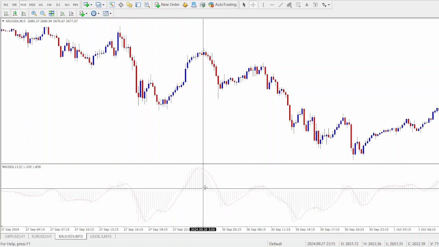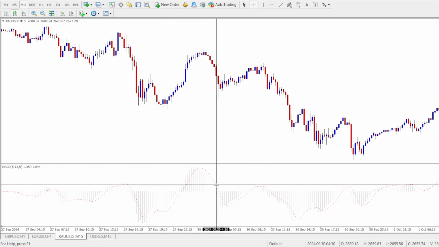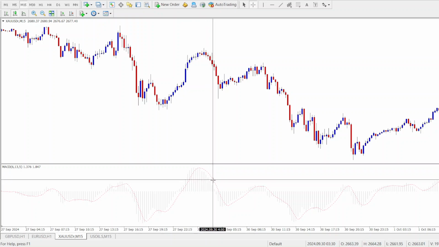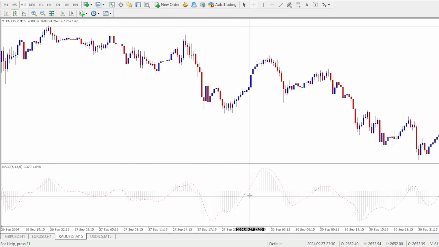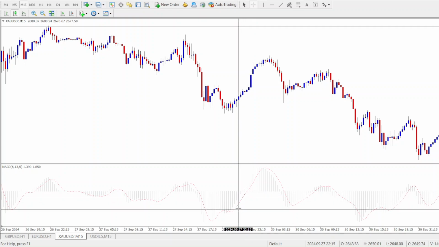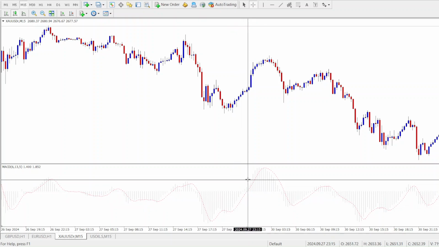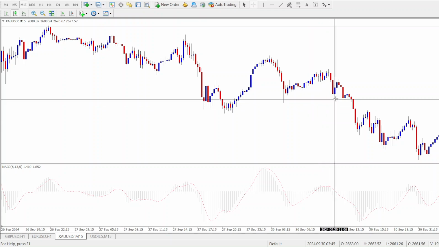So after you see the crossover of the MACD line above or below the zero line, an additional confirmation is when the histogram bars flip from the negative to the positive for a bullish and from the positive to the negative for a bearish.